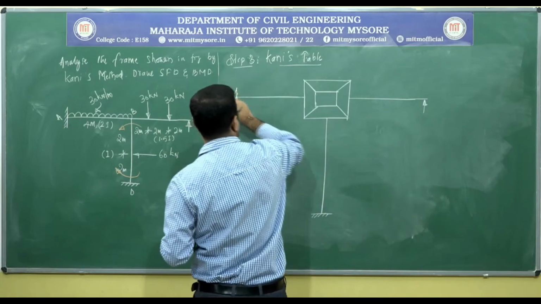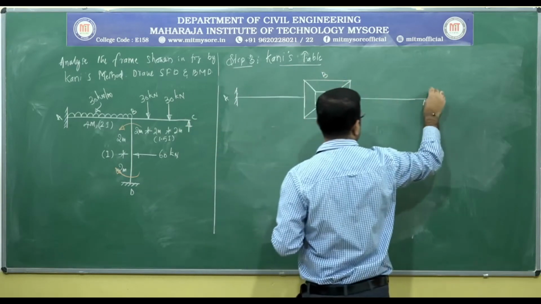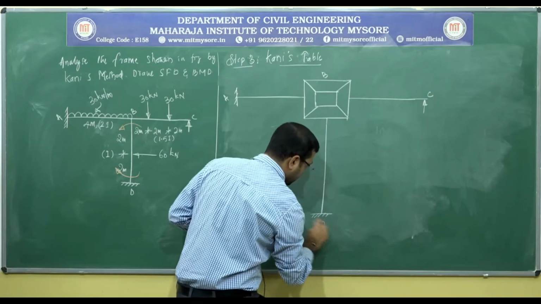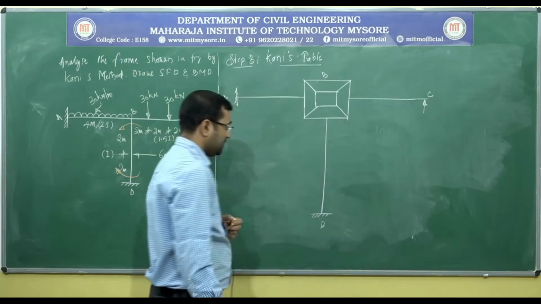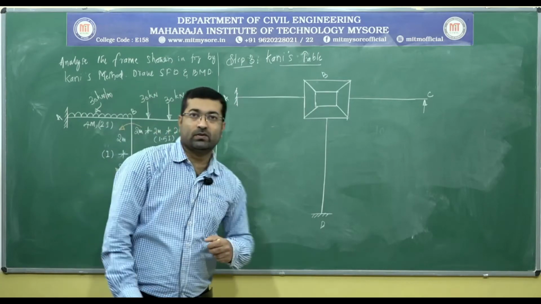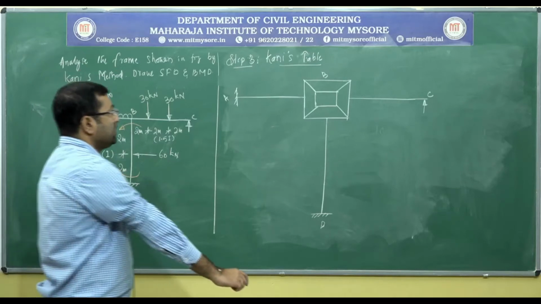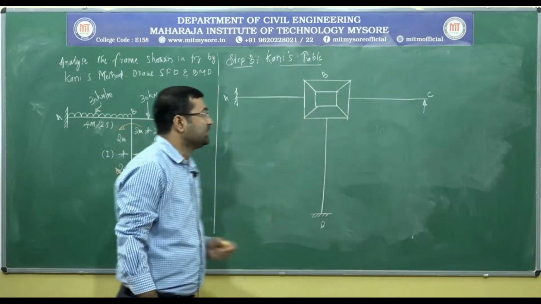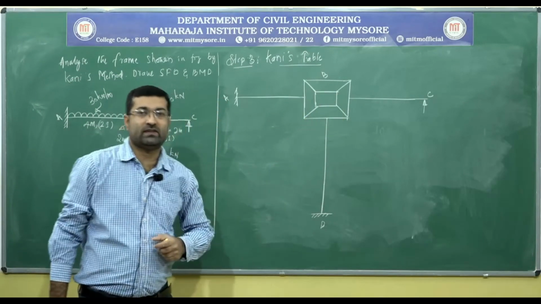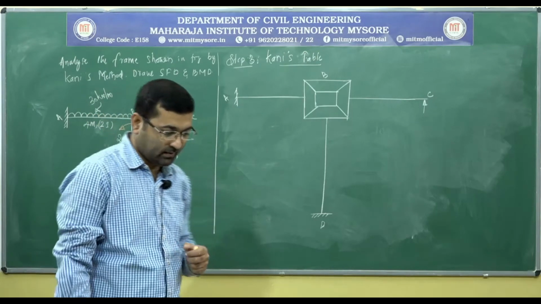This is end A, this is joint B, this is end C, this is end D. So I am going to write it as it is, but only changing the joint to a box.